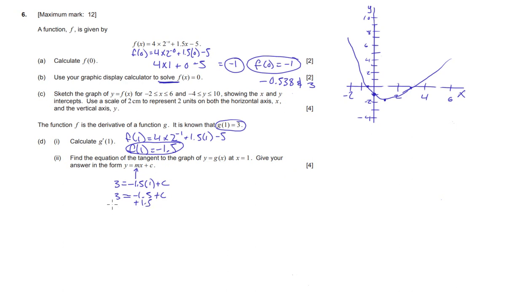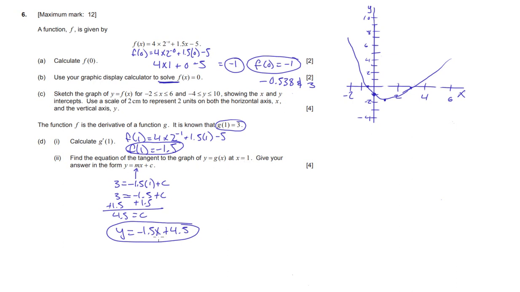Add 1.5, and we get 4.5 equals c. So our equation is y equals m, which we figured out was negative 1.5, x plus c, which is 4.5. And that's our equation of the tangent at x equals 1.